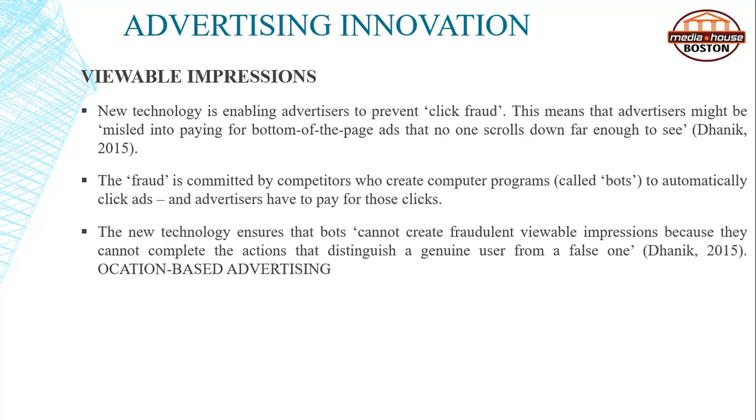So now the new technology ensures that bots, those computer programs that automatically click on ads, cannot create fraudulent viewable impressions because they cannot complete the actions that distinguish a genuine user from a false one. I'm sure every one of you has seen this when you try to log in to any website, it can be a government website or a company website.